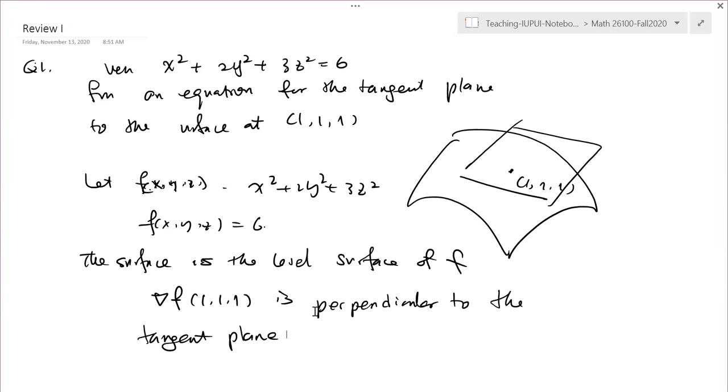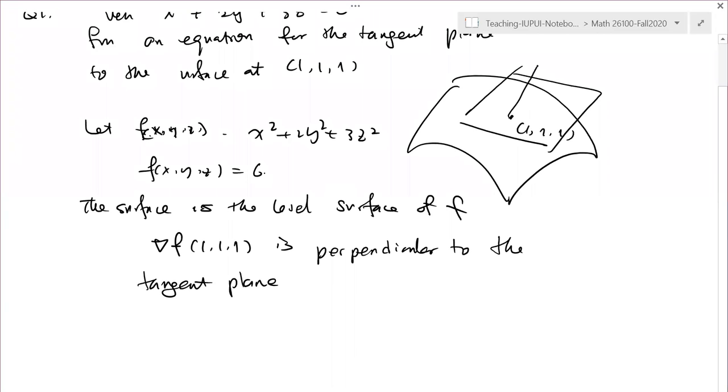So you get a gradient. Now, how do we describe all the points on the tangent plane? Take an arbitrary point (x, y, z) in the plane. You look at the vector, and this should be perpendicular. So let's calculate first.